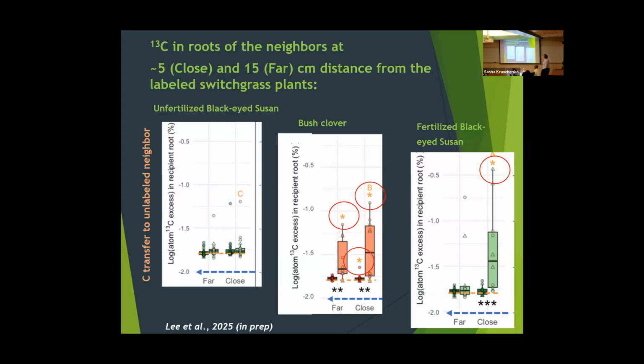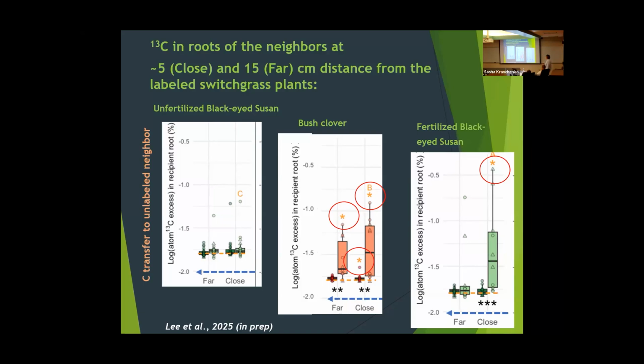But when we looked at this black-eyed Susan, which was fertilized, once it got fertilized, things changed quite drastically, because then I guess it became very interesting for the switchgrass to have interactions with that plant.